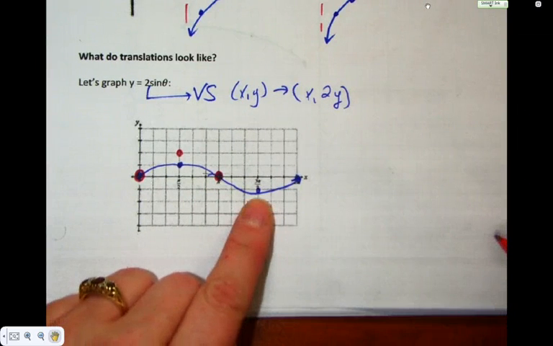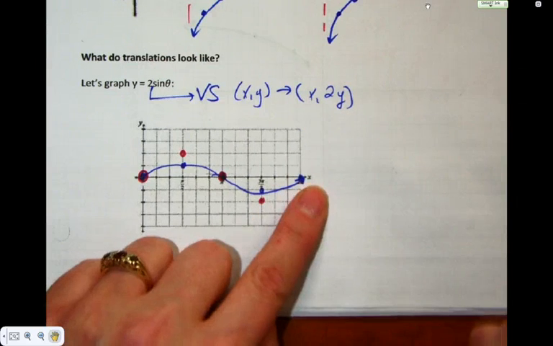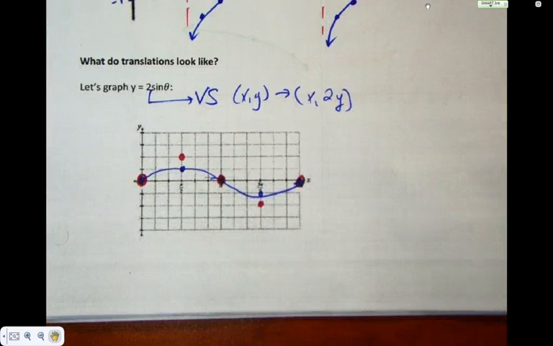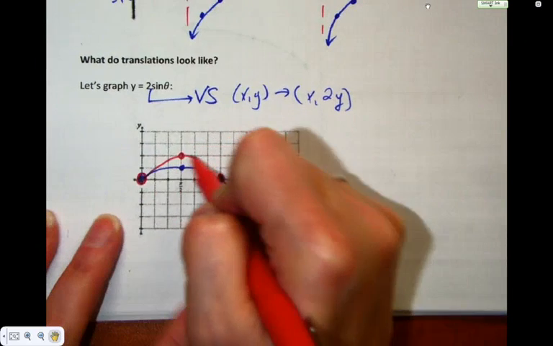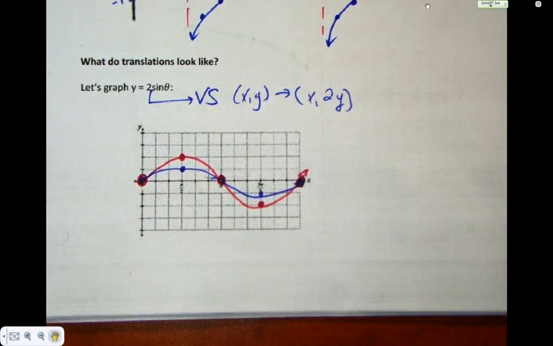Negative 1 times 2. And 0 times 2. Okay, so join that. And these ones I find it's really easy to see: did we grab this and yank it top to bottom? Yes, because the bumps are now twice as high.